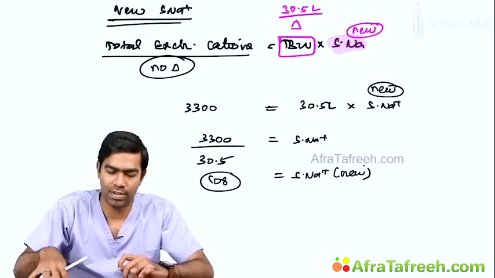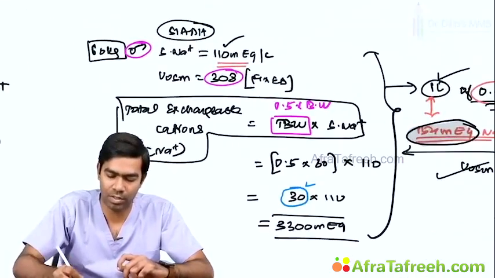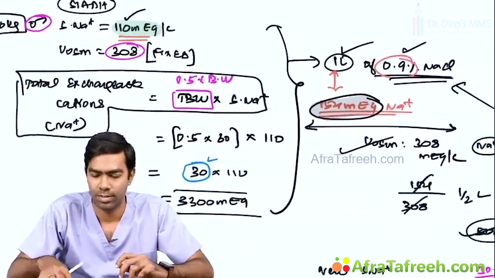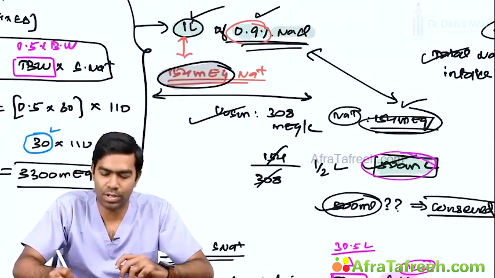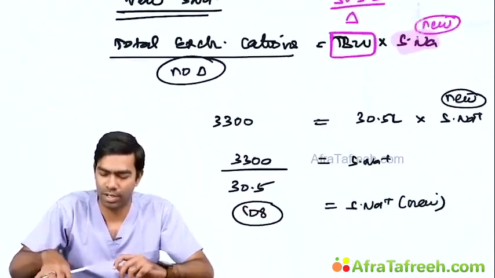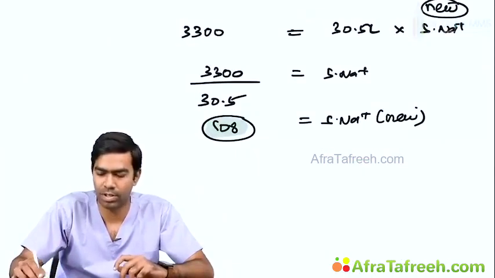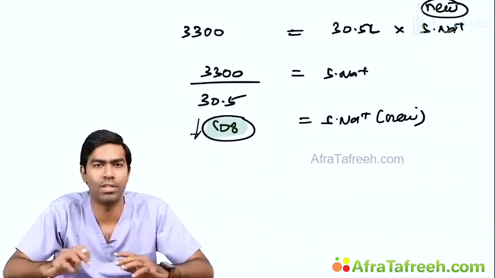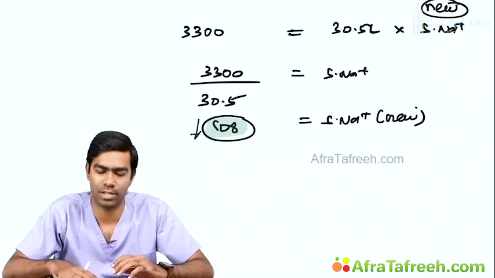So you can clearly see where you have started. You have started with 110 milliequivalents per liter of sodium. The sodium value is 110. After giving 1 liter of 0.9% NaCl, you have actually ended up with 108 milliequivalents per liter of sodium, which means you have produced more and more hyponatremia with infusion of 0.9% NaCl.